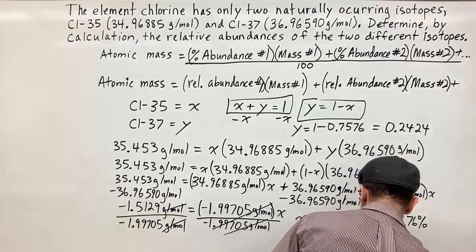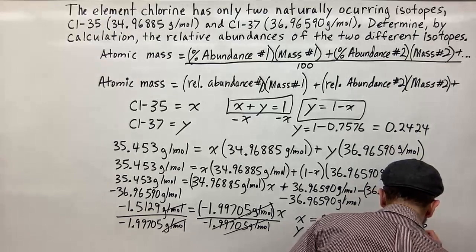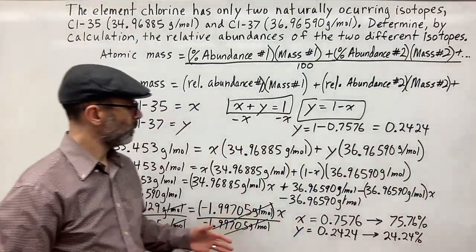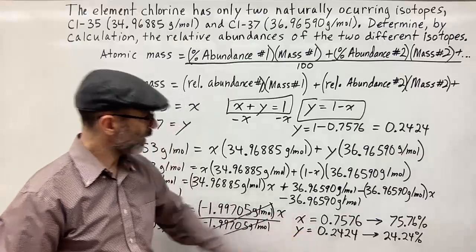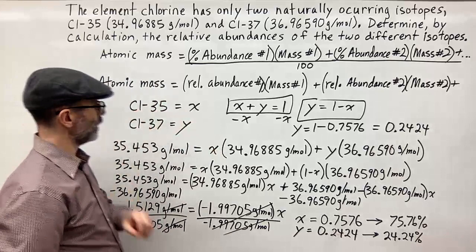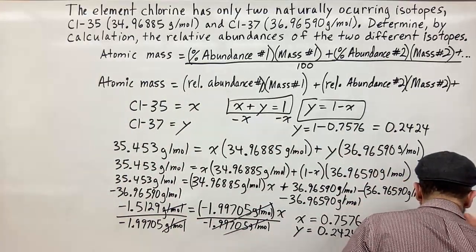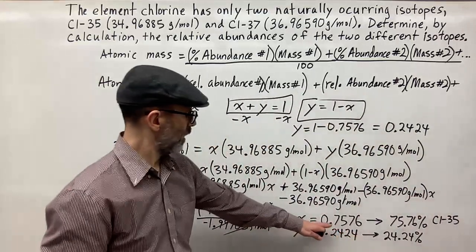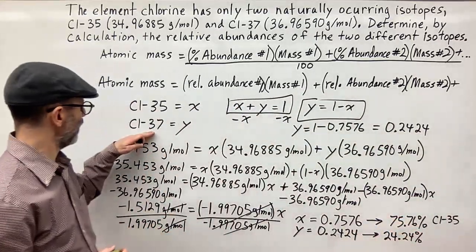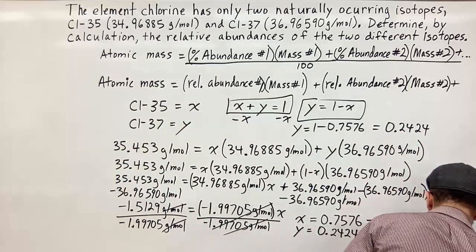So if we multiply that by 100, we get 24.24% abundance for Y. And again, X is chlorine 35. So I'll write chlorine 35 here. So that is the relative and percent abundance of chlorine 35. And this is the chlorine 37 isotope.